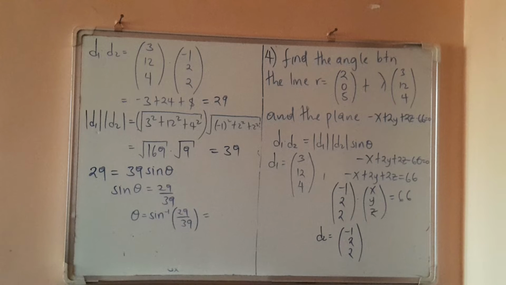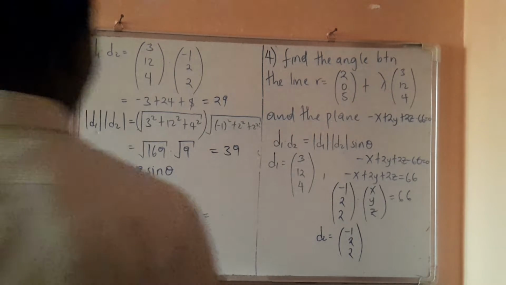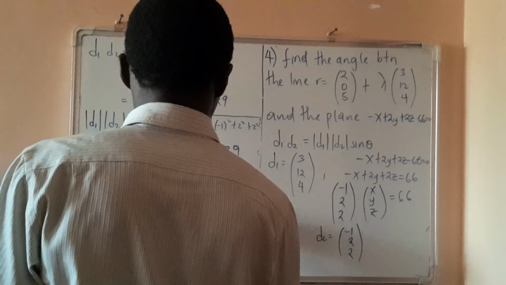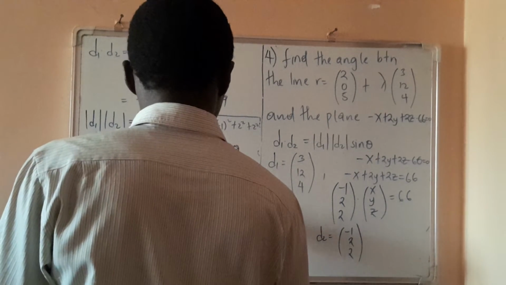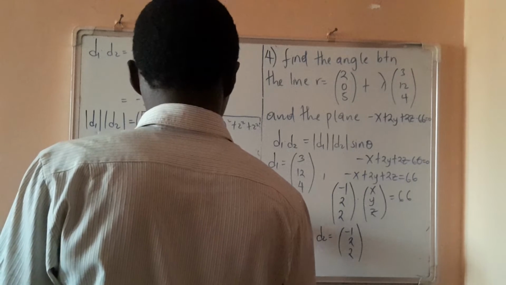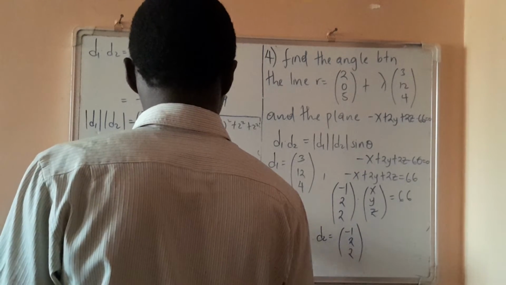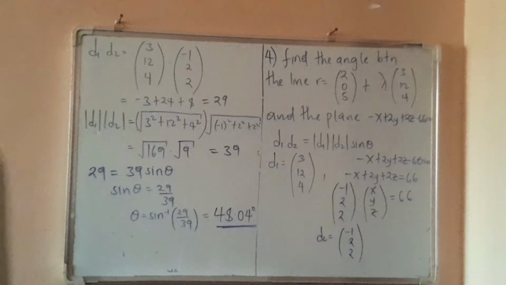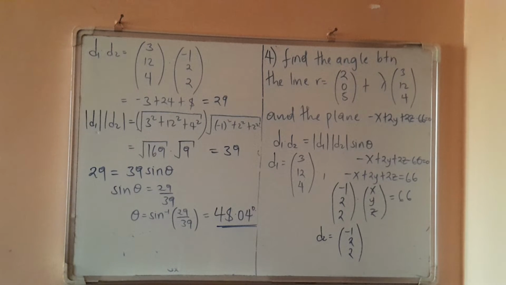So the arc sine of 29 divided by 39 is 48.04 degrees. So that is the angle between that line and the plane.